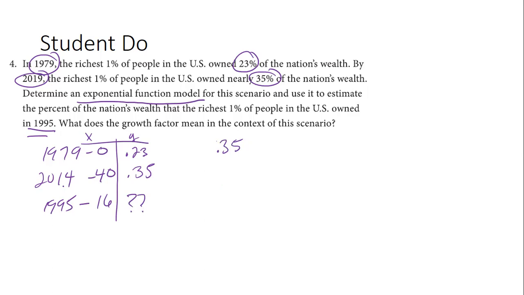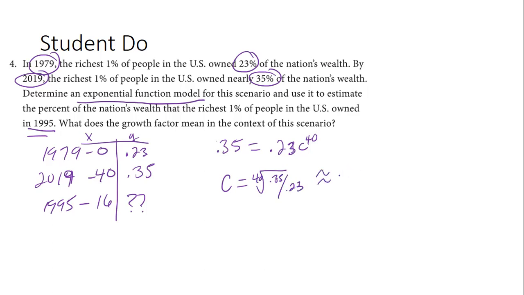So 0.35 equals 0.23 c to the 40. I know, you're like 40, that's huge, right? But we don't have to solve it. The calculator does. So our c equals the 40th root of 0.35 divided by 0.23.